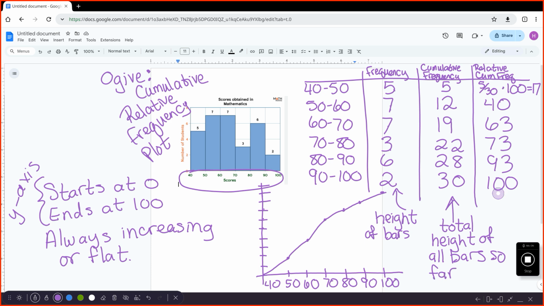And then this is the percentage of data so far. Which is why when we get to the end, we're always at 100 because we have gotten to 100% of the data. That's it. Every time it's exactly the same.